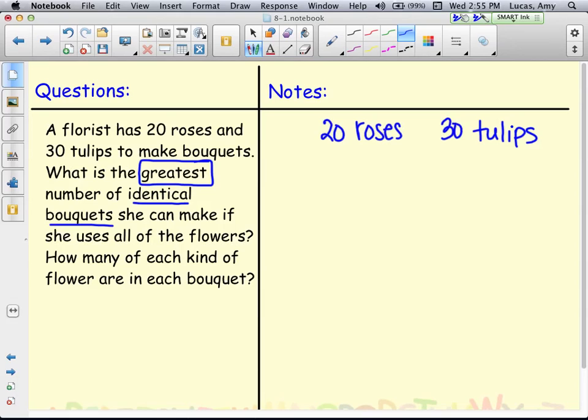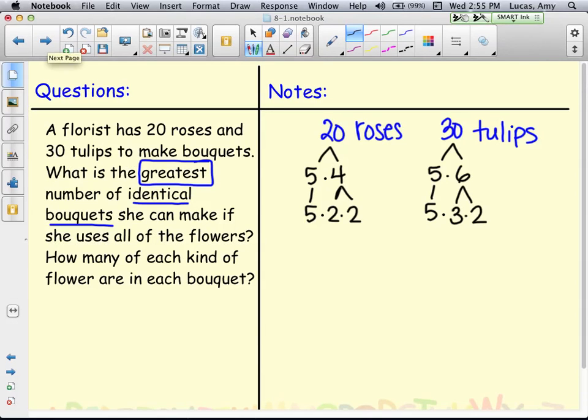So she's got 20 roses. I can factor 20 into 5 times 4, or 5 times 2 times 2. I can factor 30 into 5 times 6, or 5 times 3 times 2.